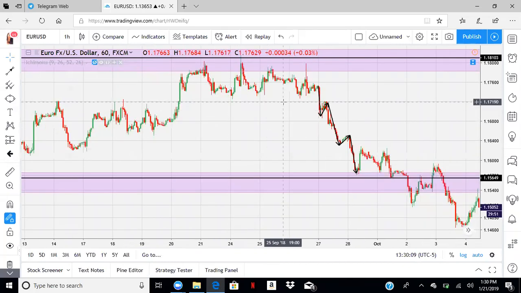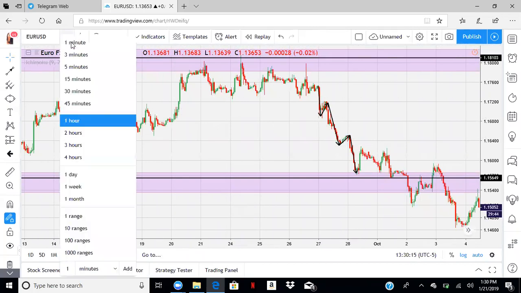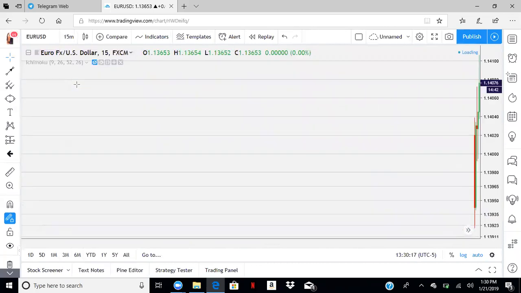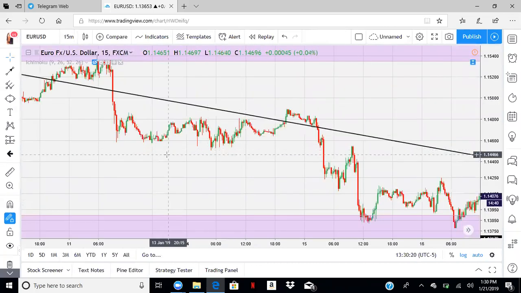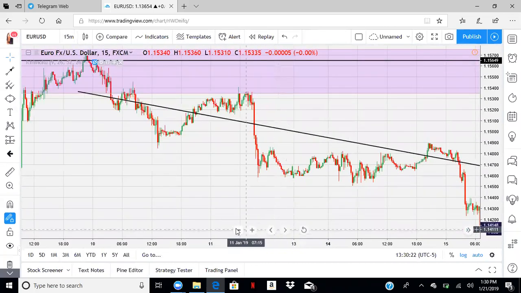If it helps you guys to draw over the candles, by all means do so. Let me go to the 15-minute. I like to enter on the 1 hour and the 15-minute.